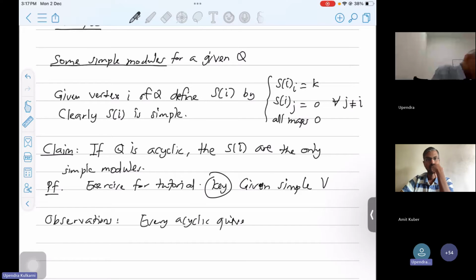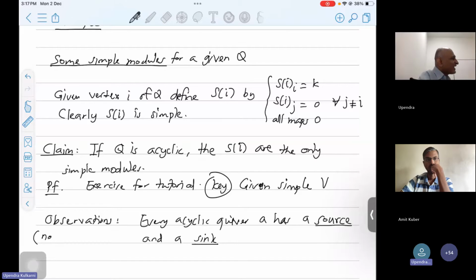Every acyclic quiver has a source and a sink. So what does a source mean? It means that every single arrow in which this vertex participates points outward. There are no inward arrows.